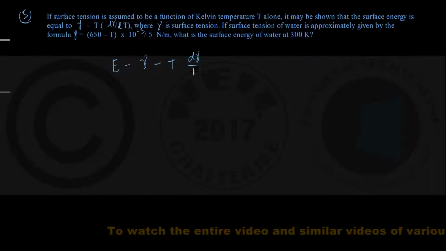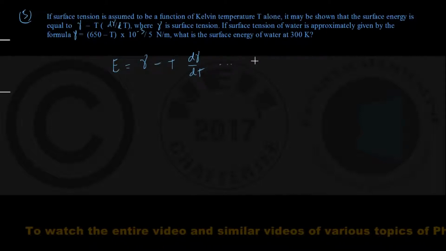So that theory that we taught in this class, let us illustrate this with this example and learn a few more things about that. So, according to this question, surface energy is equal, by this they are meaning actually surface energy per unit area of liquid surface. Let me take the symbol to be E, and that is equal to gamma minus T into d gamma dt.